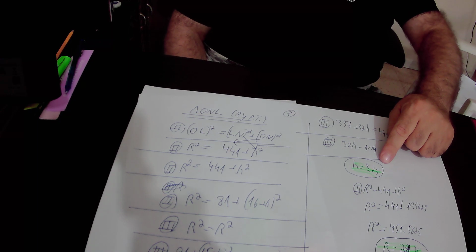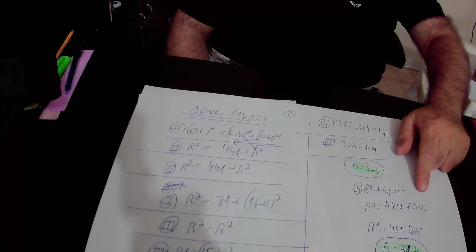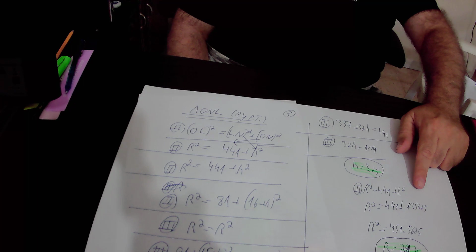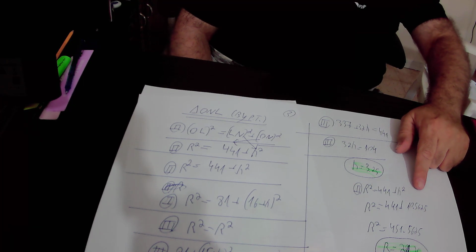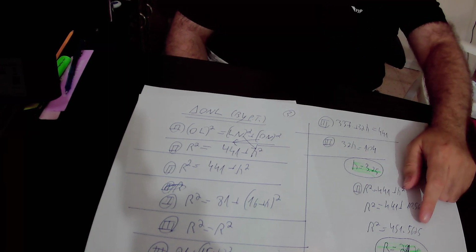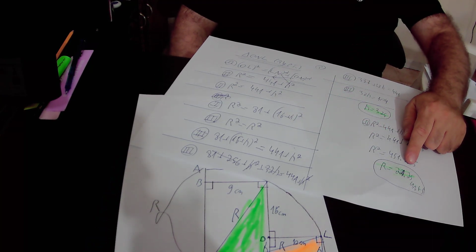If H equals 3.25, then H square equals 3.25 square, which is 10.5625. In conclusion, R square equals 441 plus 10.5625, which equals 451.5625. Taking the square root, we found that the radius of this quarter circle is equal to 21.25 units.